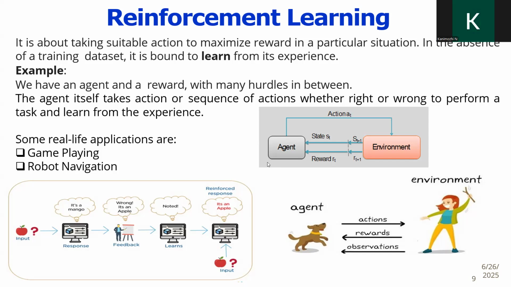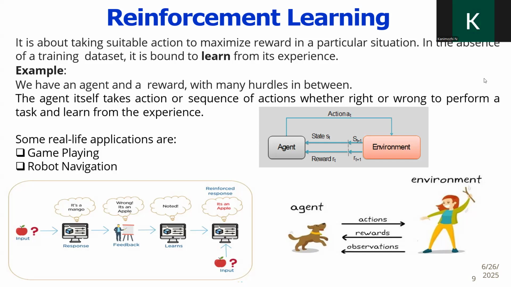Instead, it learns from experience by trying, making mistakes, and improving over time. For example, imagine we are training a dog. If it does the right trick, you give it a treat. If not, it doesn't get anything, right? Over time, the dog learns which action leads to rewards. The machine learns in a similar way. The agent keeps interacting with the environment, learning which actions give better results.